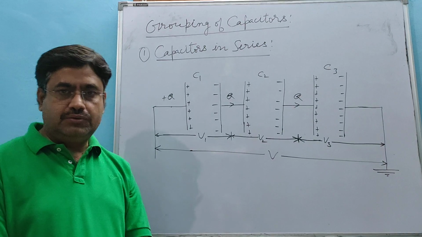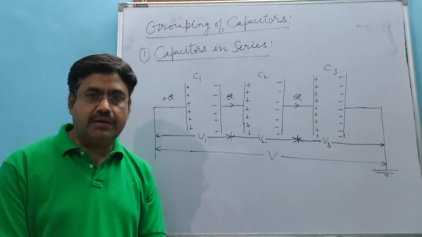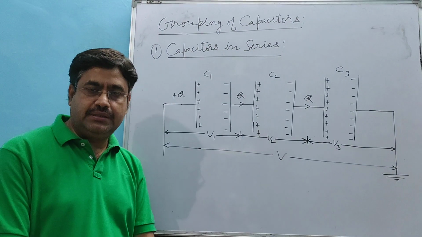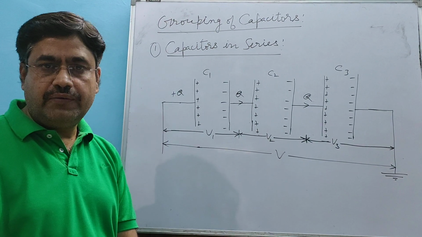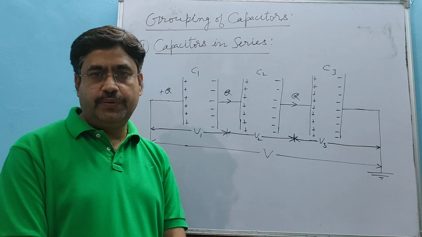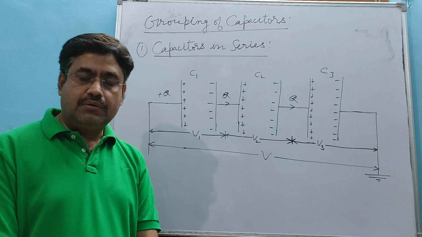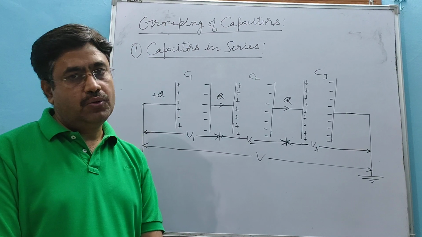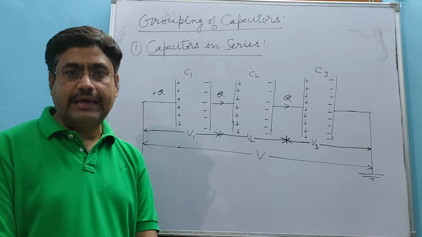Students, today we discuss the grouping of capacitors, or combination of capacitors. First of all, why do we need this grouping? To get the desired capacitance, we need grouping of capacitors.